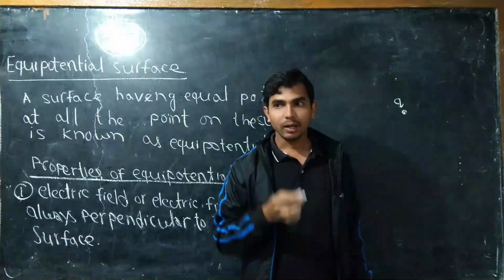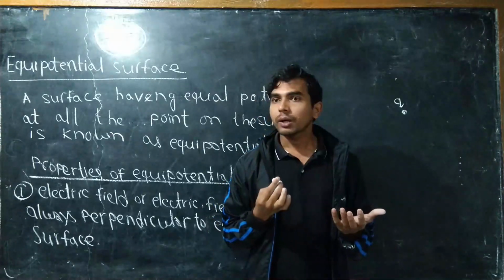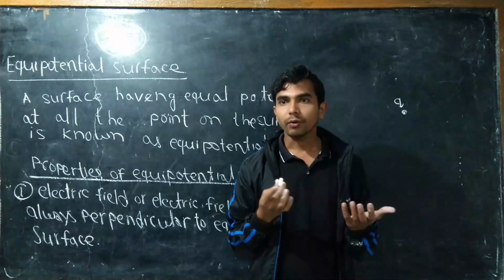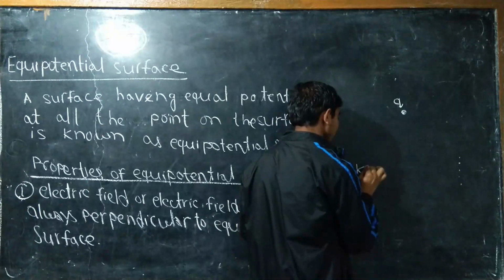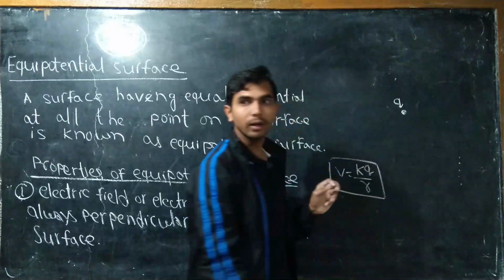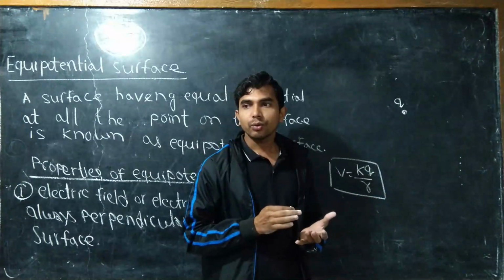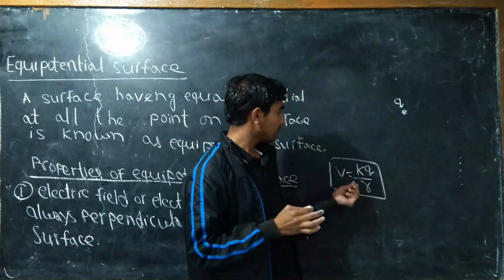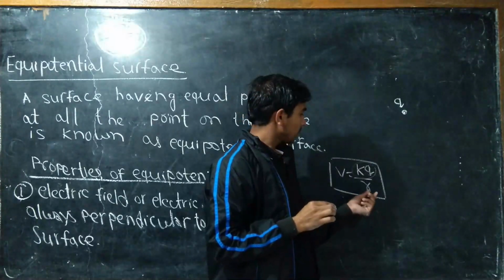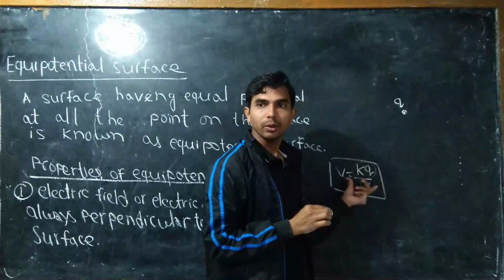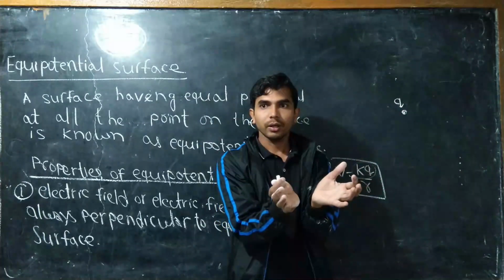You know the formula for electric potential due to a point charge: KQ by R. From this formula, K and Q are constant, so if R is constant, then potential will be constant. If you fix R, you get a sphere.